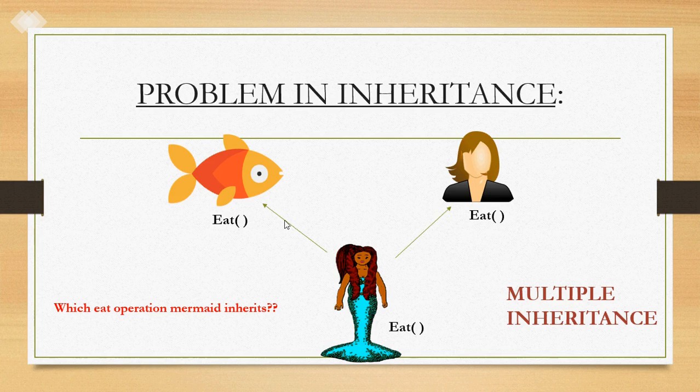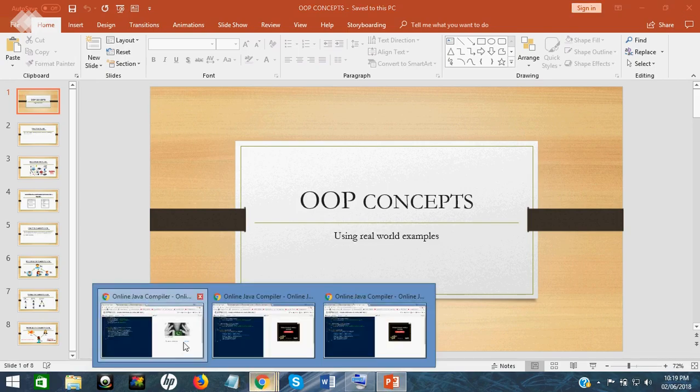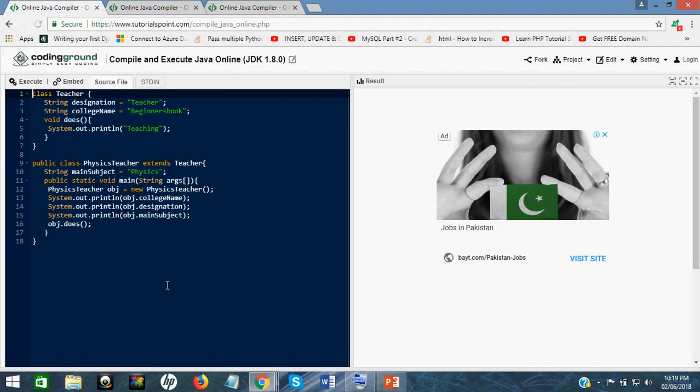Now let's move to the coding section, which is really easy, and I'm coding in Java. Now, what is inheritance? Here we see the relationship between the subclass and its parent class. We have a class called Teacher. We made some attributes, designation and college name of a teacher, and we also made a function.